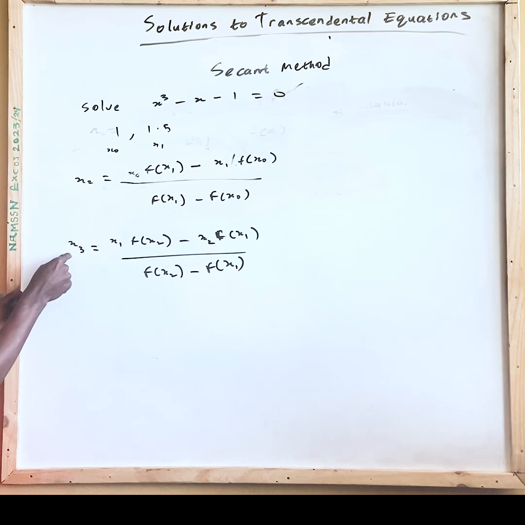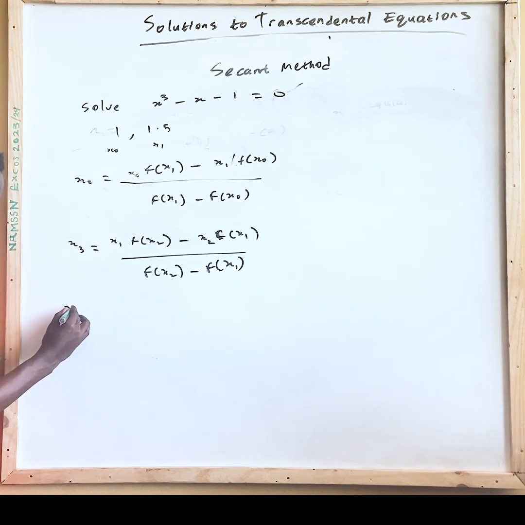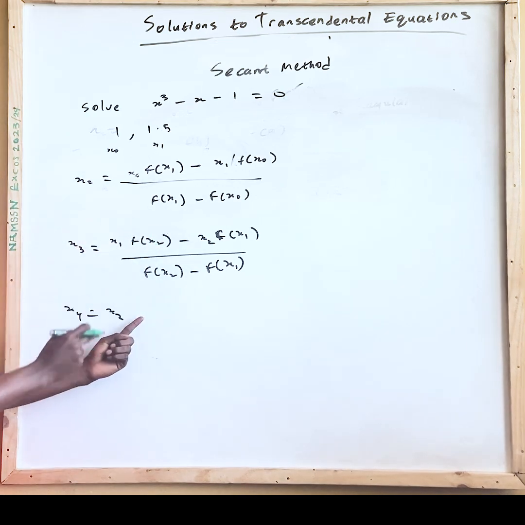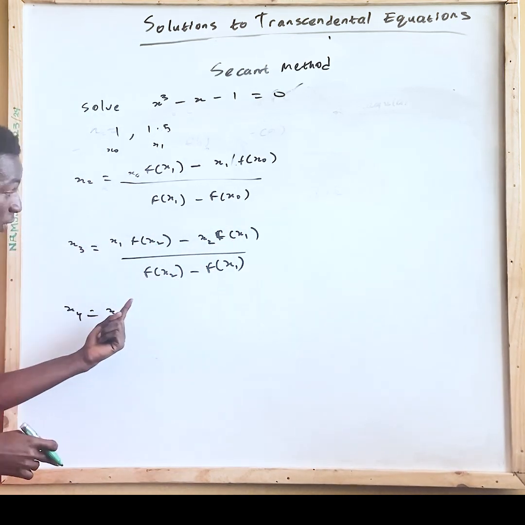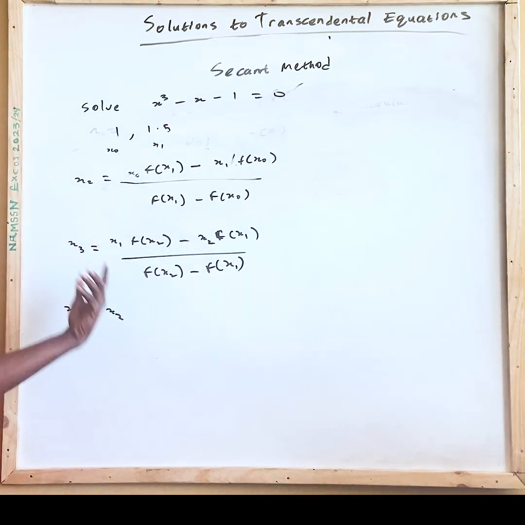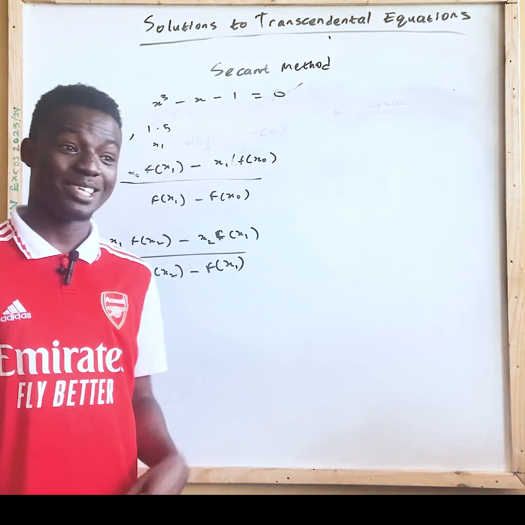Once you know this is x3, then if I'm going for x4, I know my x4 will be x2 f of x3 minus x3 f of x2 over f of x3 minus f of x2. So you just keep doing it until your answer converges.